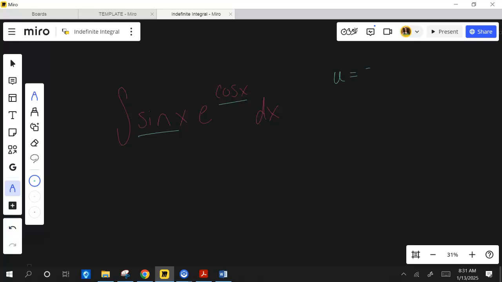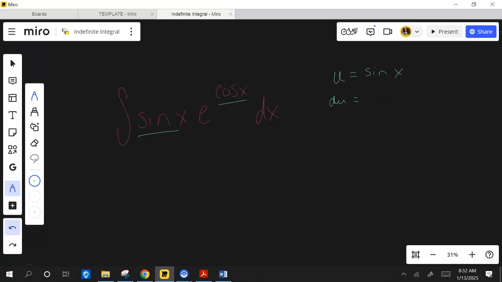If u was sine x, that means du would be cosine x dx. But the integral doesn't have a cosine x dx hooked up here. So I would know, wait, stop, reverse, I chose the wrong thing.